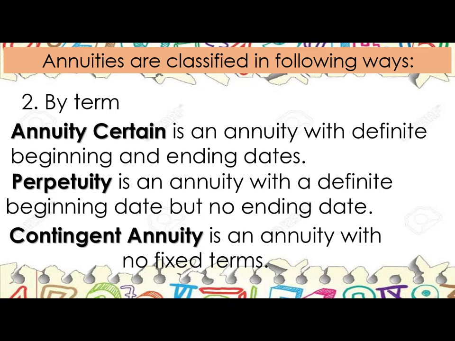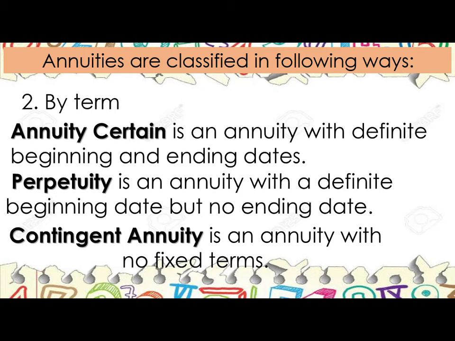In turn, the CEP deposits the payment in a bank which pays 15% compounded quarterly. For this example, you have a definite beginning date and an ending date, so this must be considered an annuity certain.